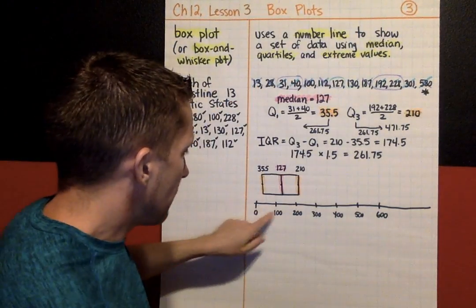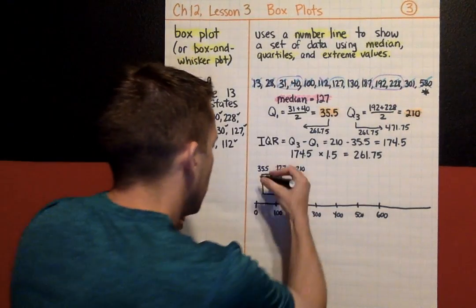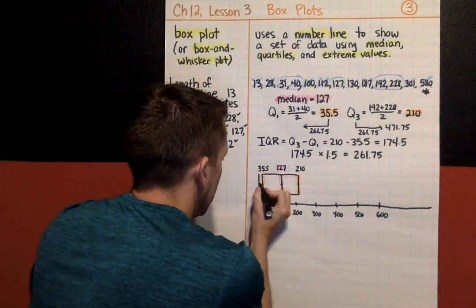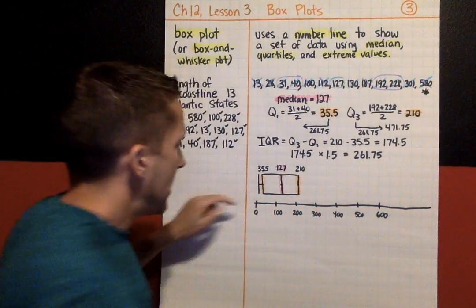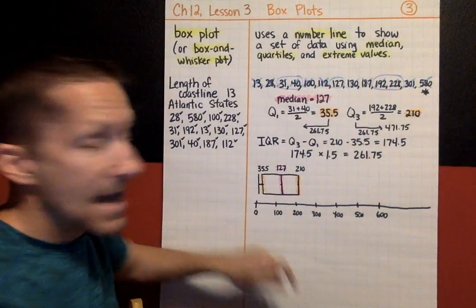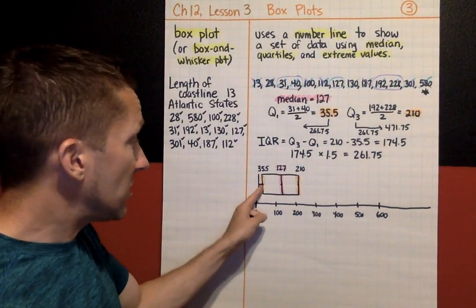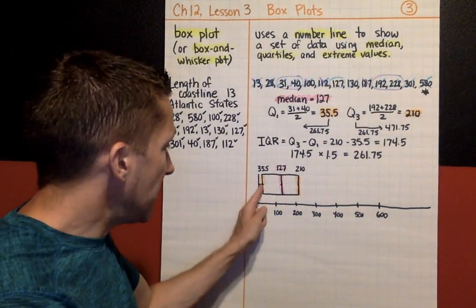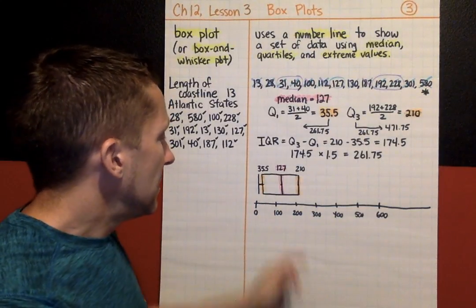So 13 on my graph is going to be really close to 0. It's going to be about maybe like that. So I make a line and then I put a line like that. So there's a very short whisker. That's what this part is, the thing that sticks out from the box. Very short whisker on this side.